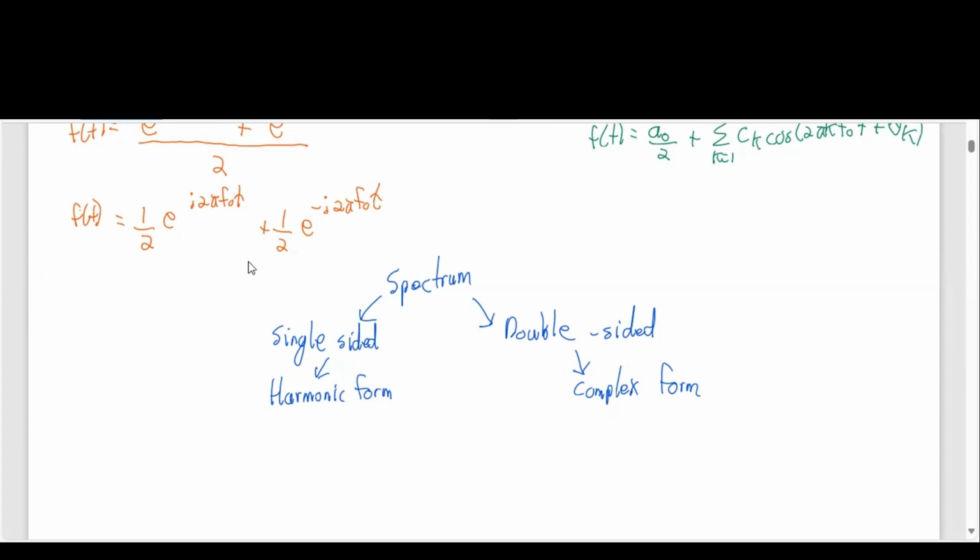There is a shortcut to go from the single-sided to the double-sided, but this is the general idea. So the double-sided spectrum comes from the complex form. If you're in the complex form and you want to plot the spectrum, whether it be magnitude or phase, you'll end up with a double-sided. And if you're in the harmonic form and you plot the spectrum, it will only give you a single-sided.